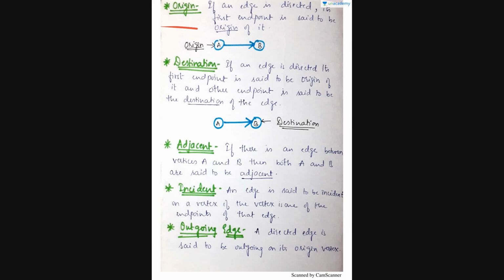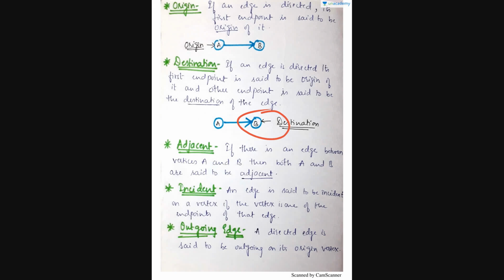If an edge is directed, its first endpoint is the origin and the other endpoint is said to be the destination of that edge. Here A is the origin, then B will be the destination point, as from A it is reaching B. So this will obviously be the destination. So this was nothing but origin and destination.